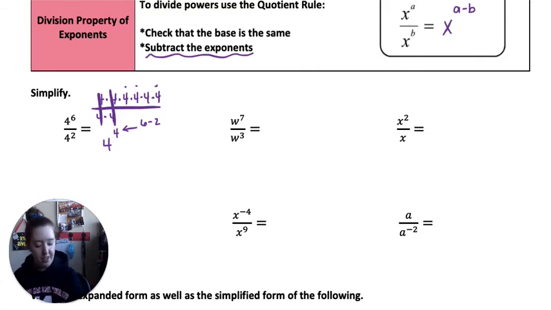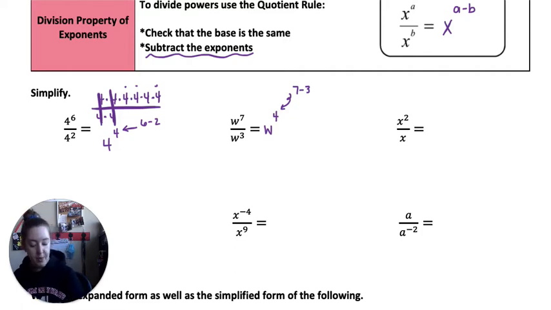Yeah, so we'll end up with w to the 4th. Either you thought of 7 w's up on top and 3 w's down on the bottom. When those 3 w's cancel out, we're left with 4 w's up on top, or you took 7 minus 3 for that exponent.